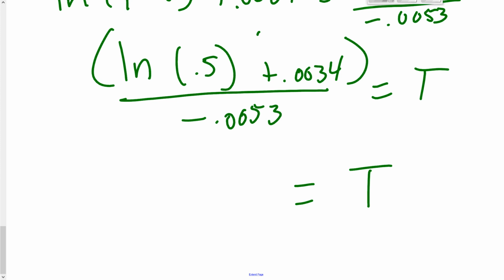In order to reduce our emissions by 50%, it needs to be $130.14. So that's what they need to charge per ton in order to get a 50% reduction. Okay, so that's it for section 5.